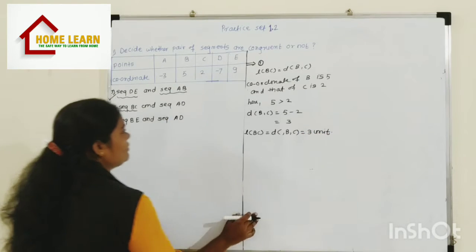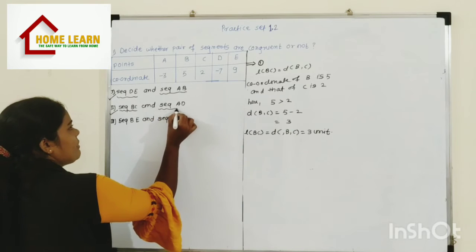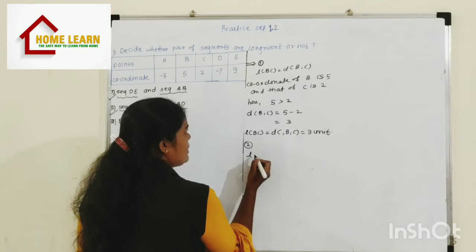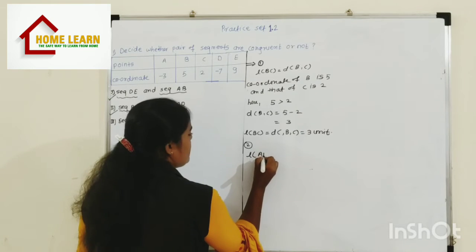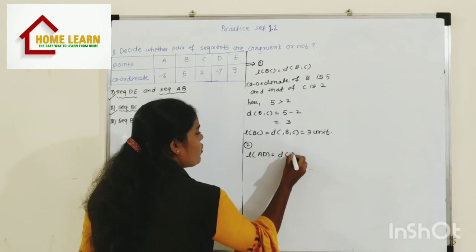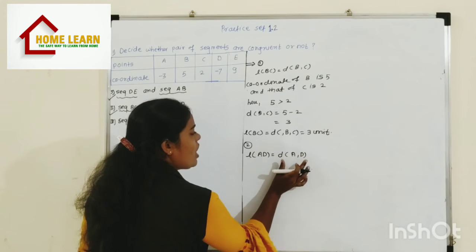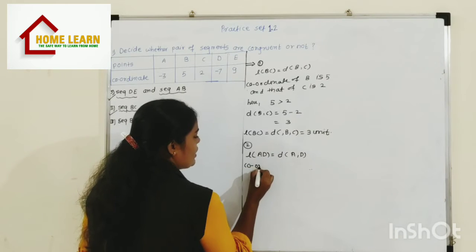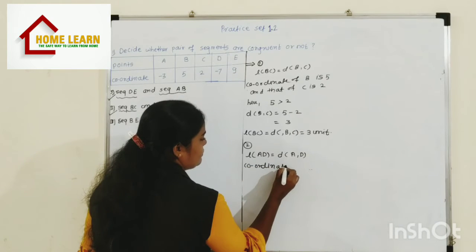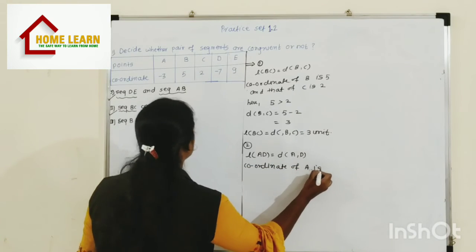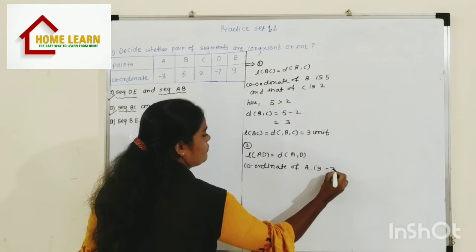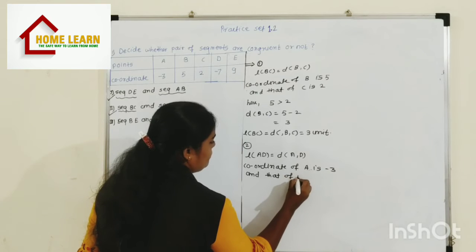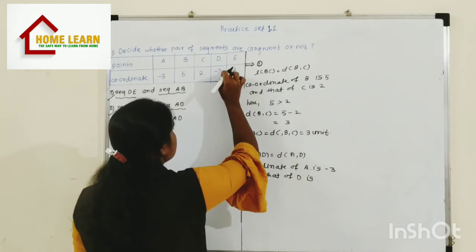Now for the second one, see here segment AD. For segment AD, you can write here the length of segment AD is equal to the distance between point A and D, and we know how to calculate the distance. So write the coordinate of point A is -3 and that of D is -7.